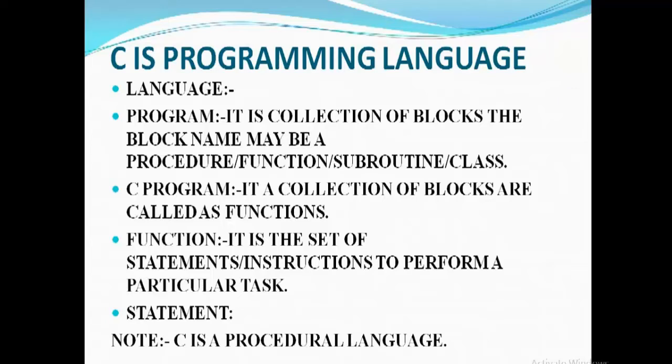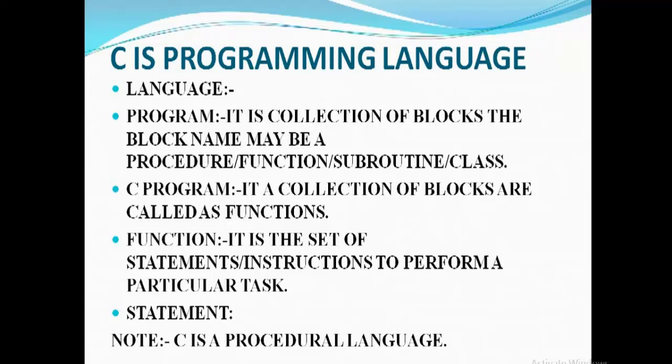Now, one thing to be remembered here: C is generally called a procedural language. Why is C called a procedural language? If any language supports writing the program as a collection of blocks using a procedure or function or subroutine, then that language is called a procedural language.